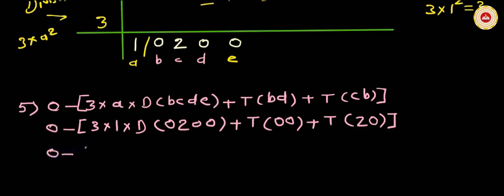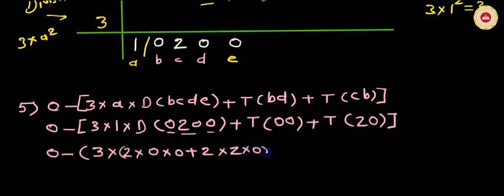0 minus 3 multiplied by 1, 3 multiplied by, see, how to calculate duplex of a 4 digit number? 2 multiplied by the product of end digits, 0 multiplied by 0, plus 2 multiplied by the product of the 2 inner digits, 2 multiplied by 2 multiplied by 0.